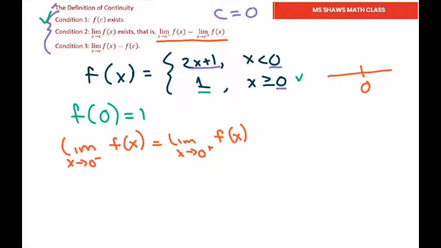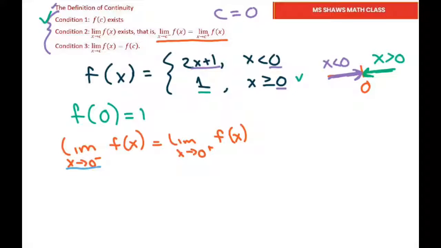It's talking about what's going on the left as the graph approaches 0 from the left. And if you notice, all these numbers in here are less than 0. And then we want to look at what's going on as the graph approaches 0 from the right. If you notice, all of these numbers here are greater than 0. So that's what we're going to look at when we do the limits.